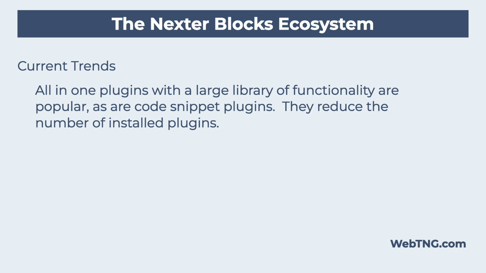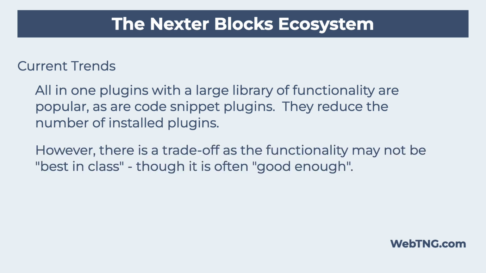These types of all-in-one solutions are popular because they cut down on the number of plugins that users need to install and in some ways simplify matters. One plugin, one vendor, lots of features. There is a trade-off, however, when using an all-in-one solution.